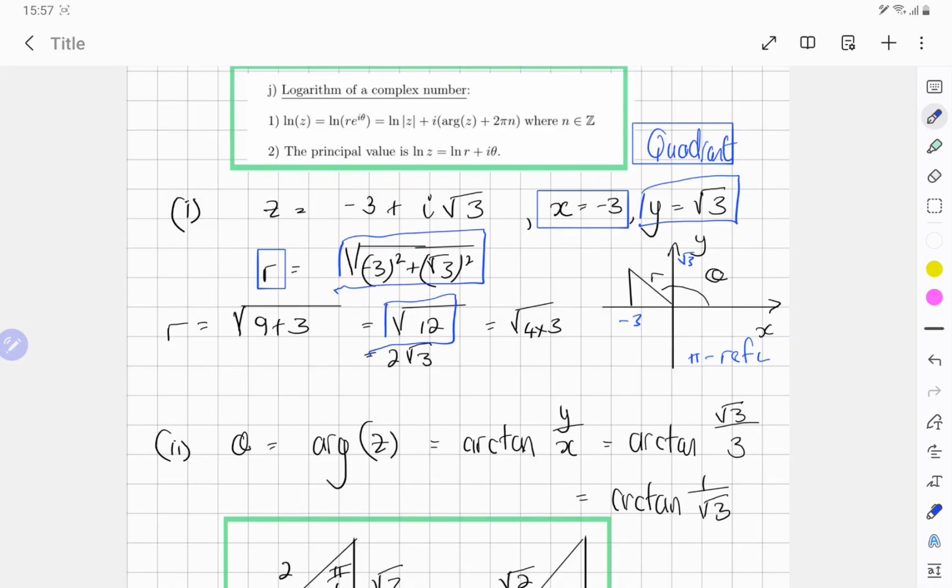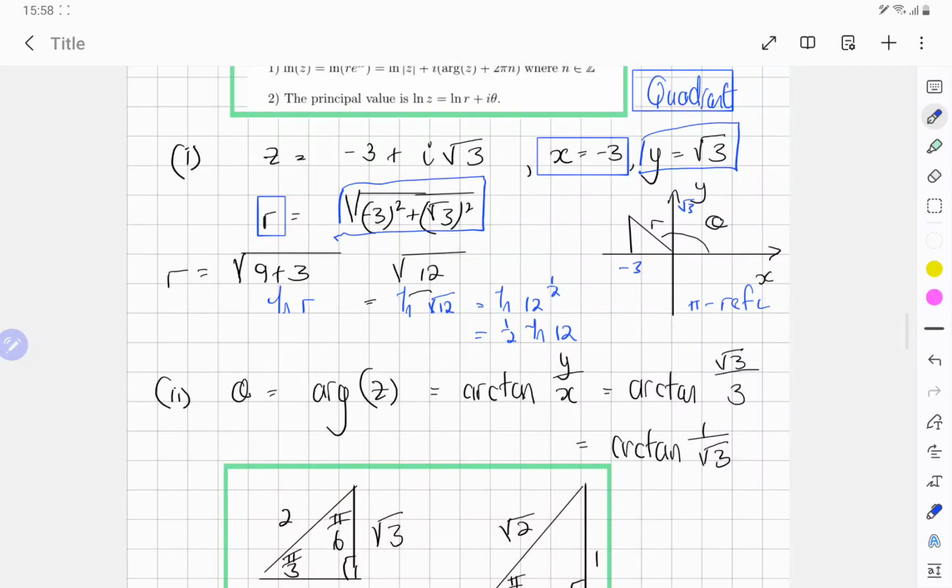Now in most cases, we will simplify root 12, but from now on, you can remember that we leave it like this, for the mere fact that later on we need this, and then it's best to use the ln law, so we will say a half ln 12. So it's not necessary to simplify the root 12.